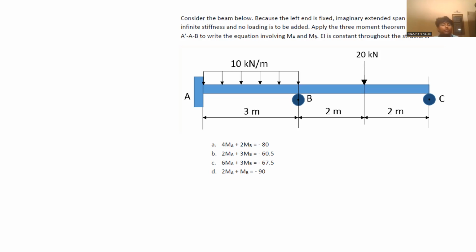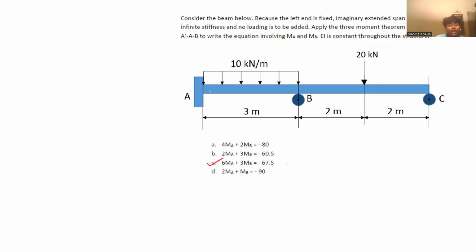From here I am just taking the option 6A plus 3B. This will be the first option. C will be your option for this question.